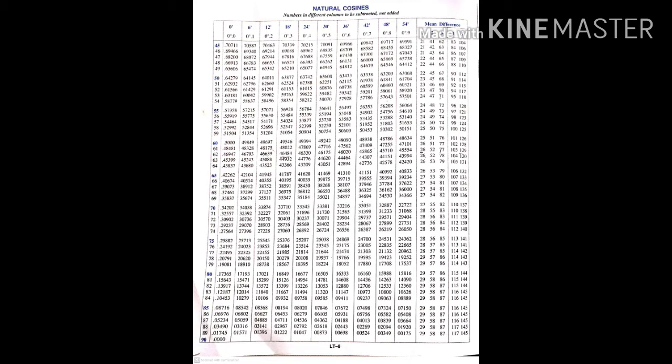And you see that natural cosine table values are decreasing, so here the mean difference will always be subtracted, not added.